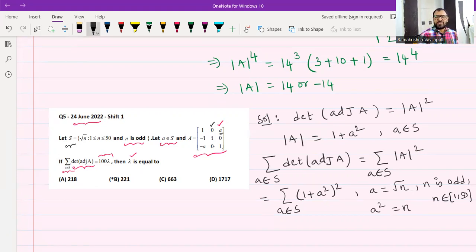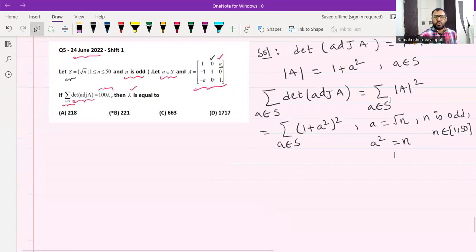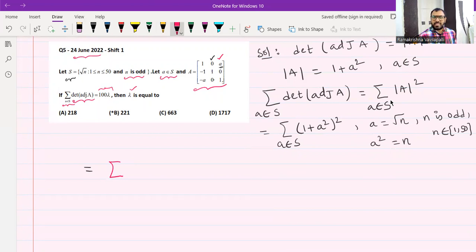So this is equivalent to sigma, where n belongs to 1 to 50, and of course n is odd. In place of A square, you can write only n. So it becomes 1 plus n whole square.